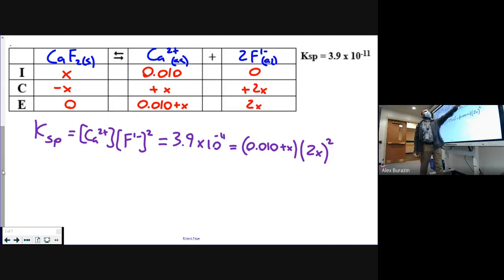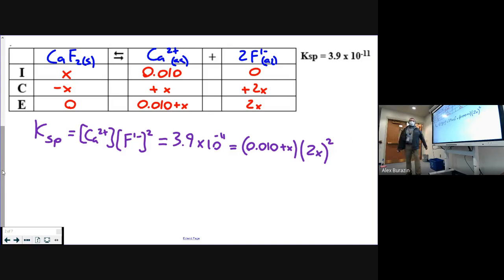Now, if you look at K, K is ridiculously small, right? Crazy small. So when I shift from left to right, how far right am I actually going to shift? How many products am I actually going to make if my K value is that tiny? Very, very, very small amount. Crazy small amount. So here's what we're going to do.